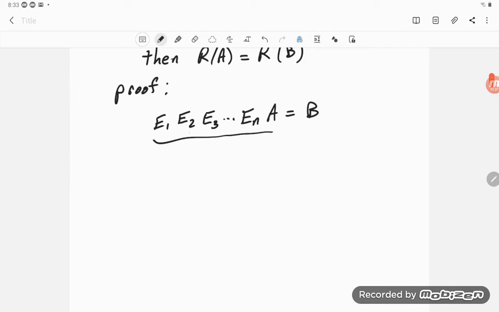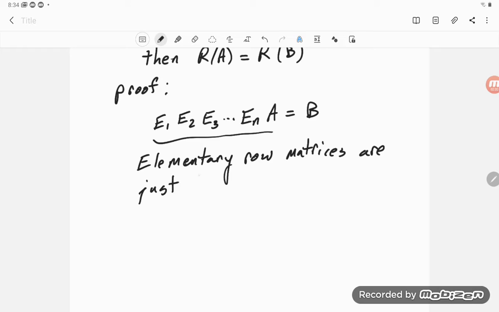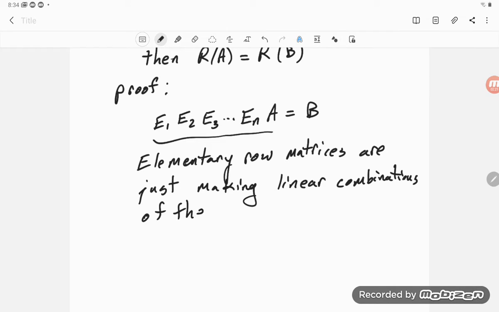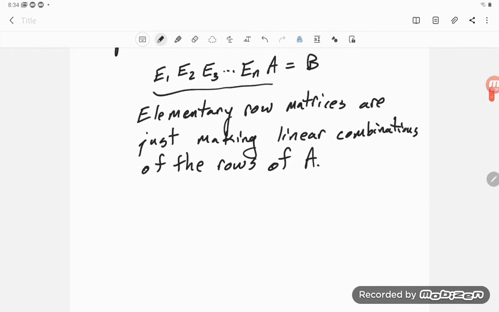Well, when you look at each of these elementary row matrices, they are just making linear combinations of the rows of A. Now, you may have to think about that a little bit.